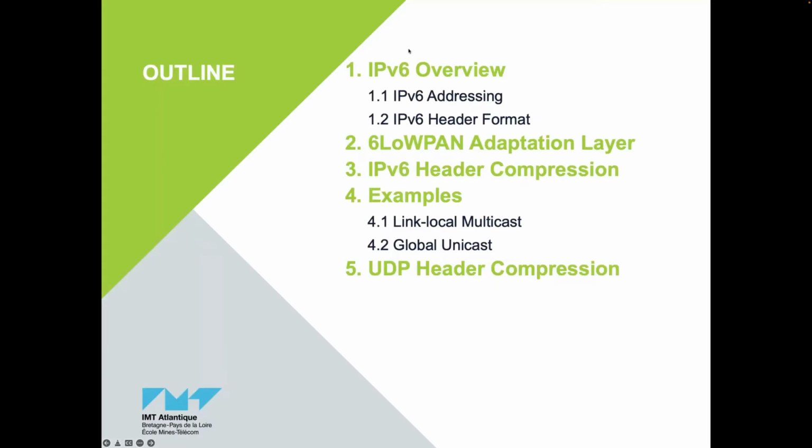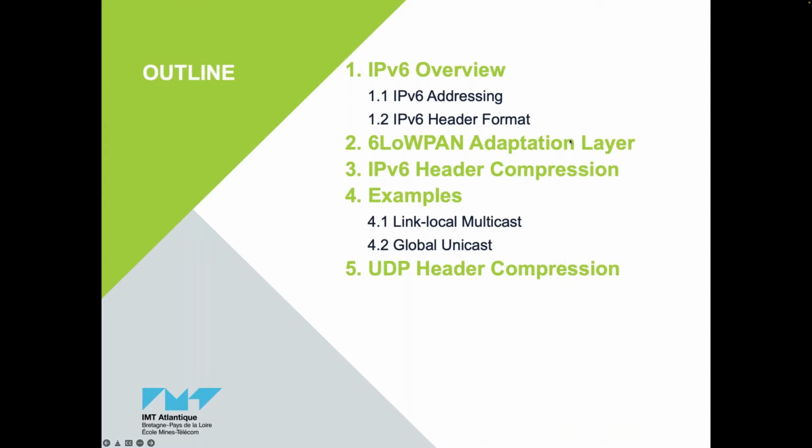So here's the outline of my talk. I'm going to start first with an overview of the IPv6 addressing and IPv6 header format. It is very important to make sure that you are aware what each field of the original IPv6 header means or represents.